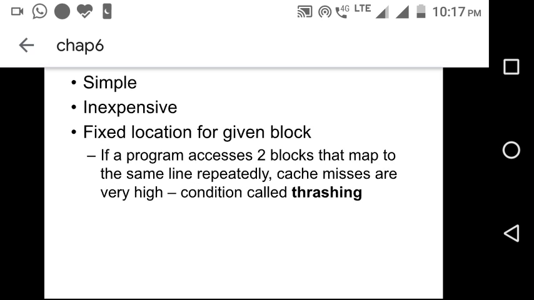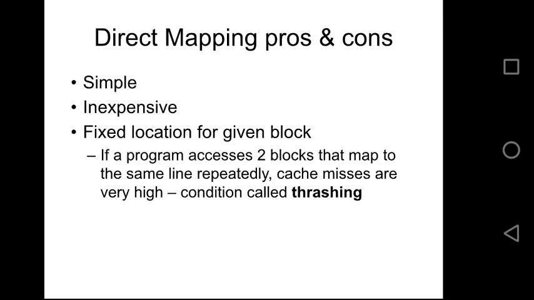So let us discuss some pros and cons of the direct mapping technique. It is very simple. It doesn't require any extra hardware, so hardware is not required, and it is very inexpensive because it doesn't require any hardware cost.